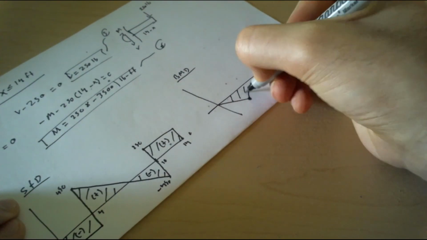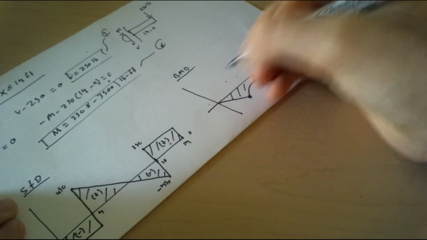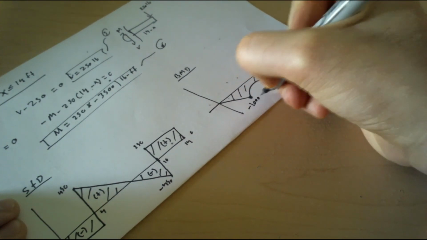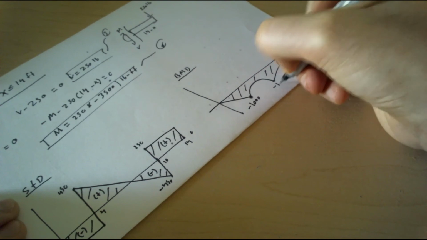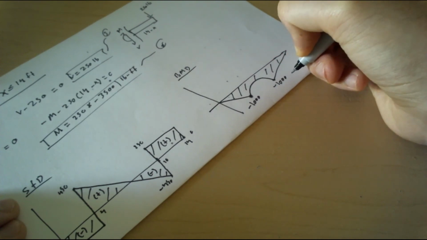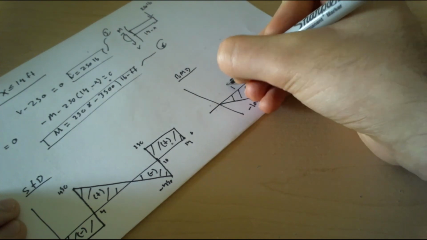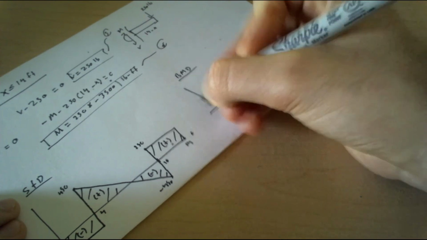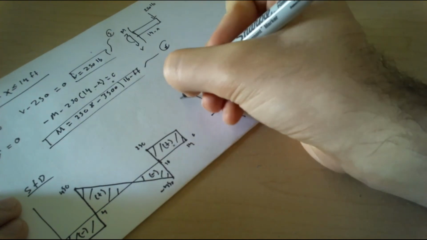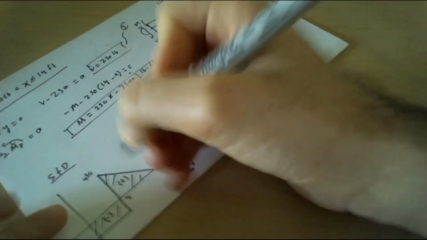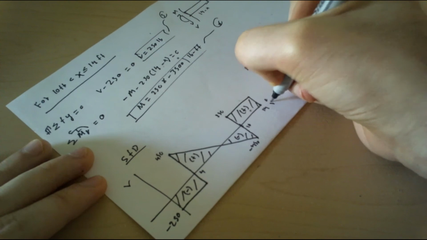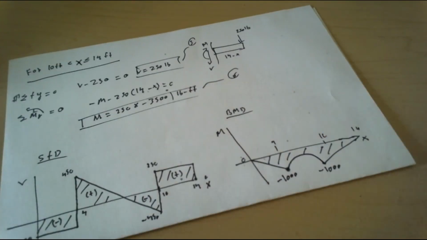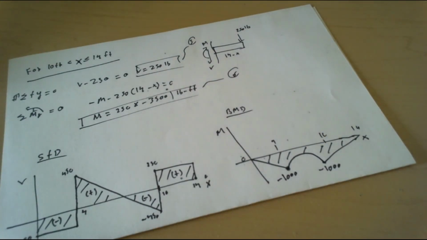From the equation we know right here is negative 1000, at locations 4, 10, 14, and 0. This is M(x), V(x). There we go. We have our shear force and bending moment diagram created.